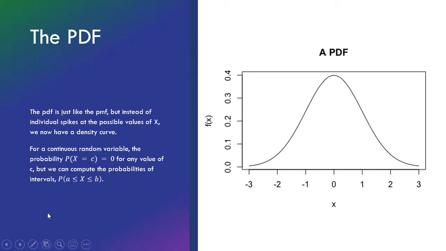When we try to get the probability of, say, our random variable equal to C, or we want to calculate the probability of our random variable falling within an interval, that's when we use this PDF. Just the same concept.